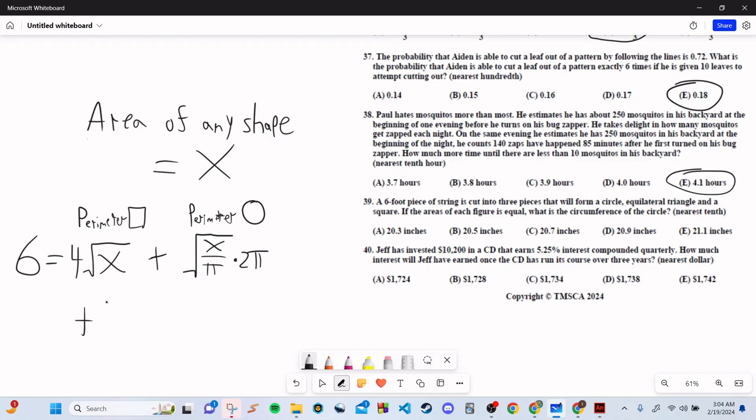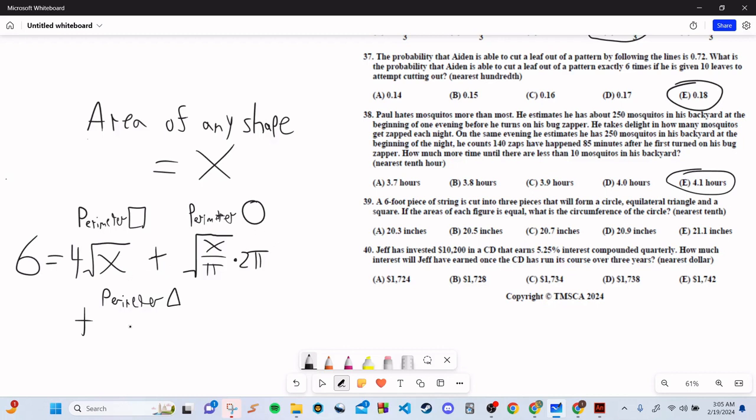And then lastly, to get the perimeter of the equilateral triangle, I've got my formula for the area of it. It's side squared times square root 3 over 4 is the equilateral triangle's area formula.